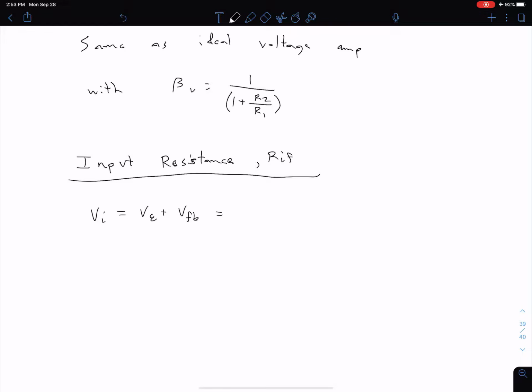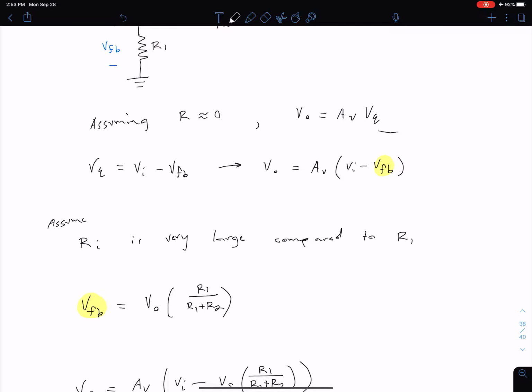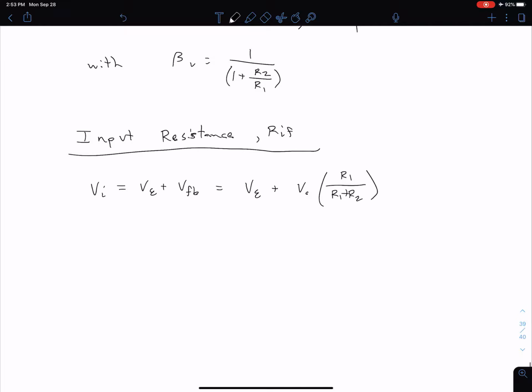And we had previously said that our feedback voltage is equal to the output voltage times R1 divided by R1 plus R2. Well, our output voltage we had also previously said was AV times our error voltage. So let's plug that in as well.